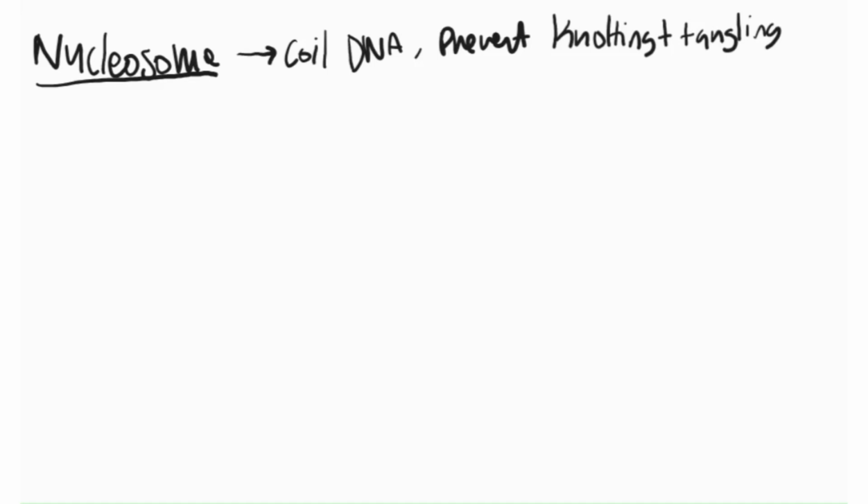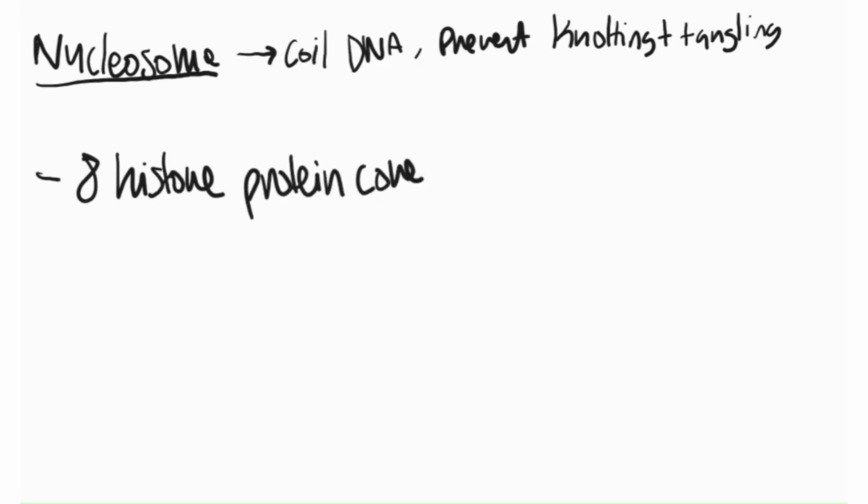So, to form a nucleosome, these DNA molecules are wrapped around something called an 8 histone protein core. Histones are a type of protein, and there are 8 because there are four different types, but two of each. And then there's one additional histone called H1, which is sort of like a linker that prevents the unwinding.